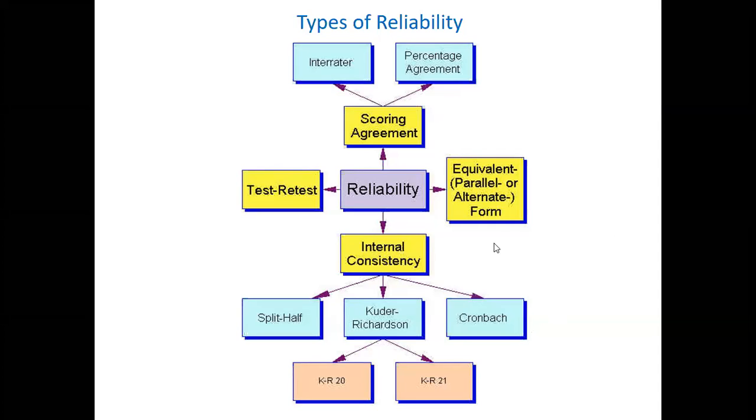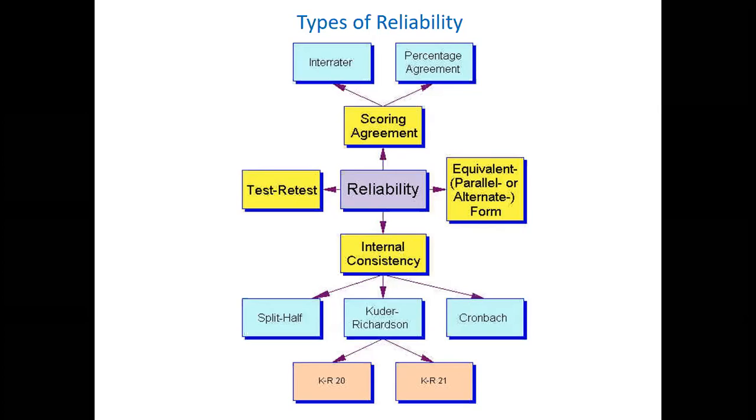If you look at it now, you'll see different contexts, which you can call types of reliability. Look at those yellow boxes flowing from the center. You see test-retest. Each of them is applicable in a particular context, because you don't have the same context.